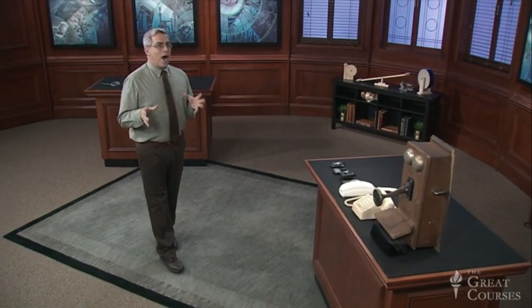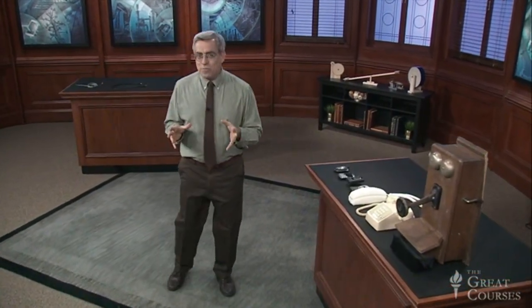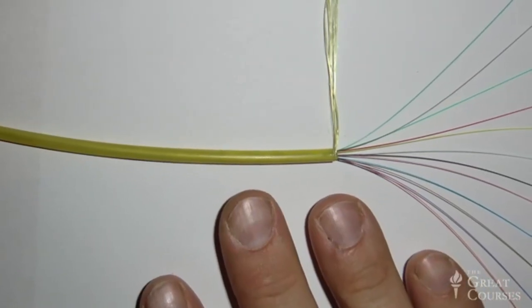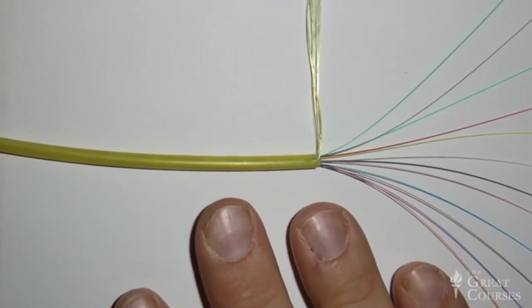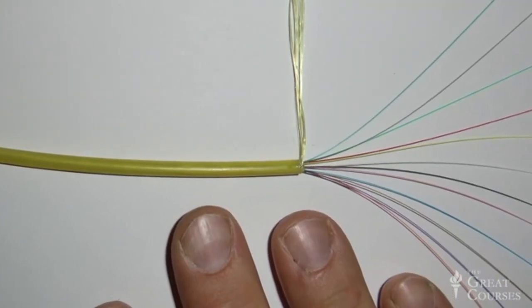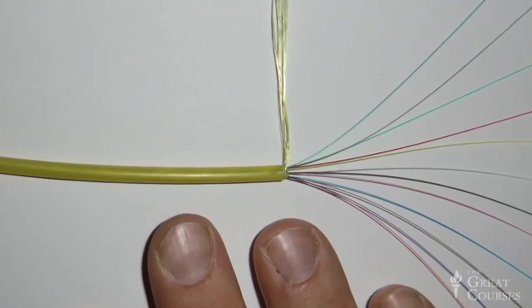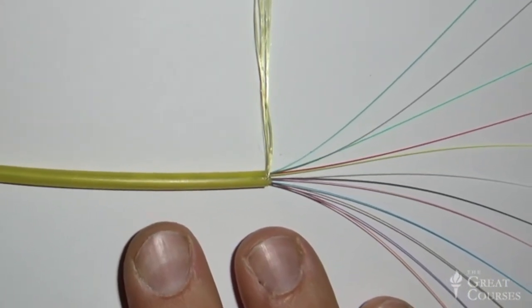The performance of optical fiber as a transmission medium is simply mind-boggling. Not only is its rate of attenuation so low that repeaters are typically needed only every 500 miles, not only is optical fiber immune to electromagnetic interference, but each of these tiny strands of glass, only slightly larger in diameter than a human hair, can comfortably carry 40 gigabits per second.